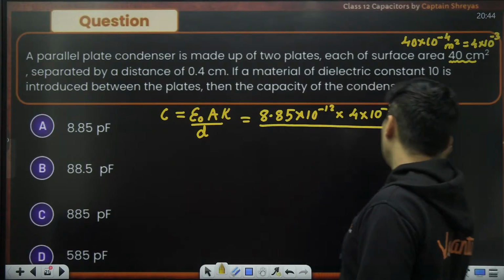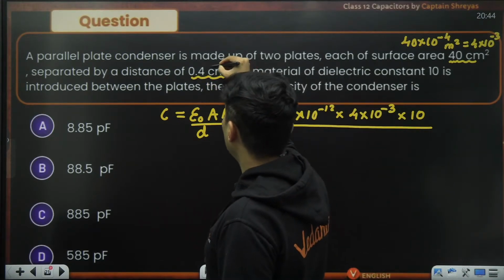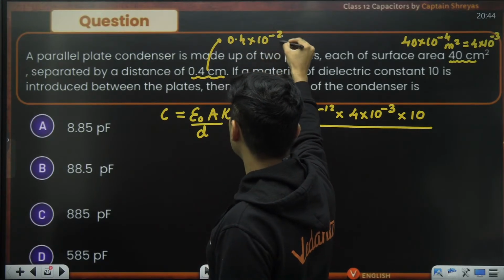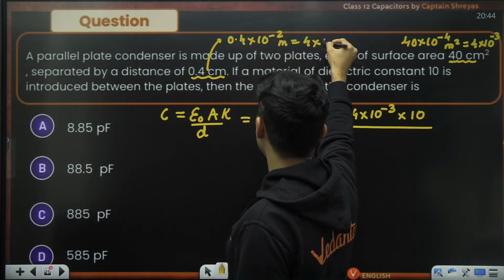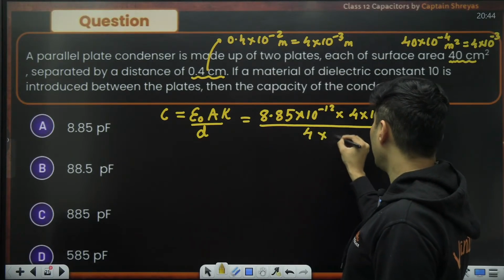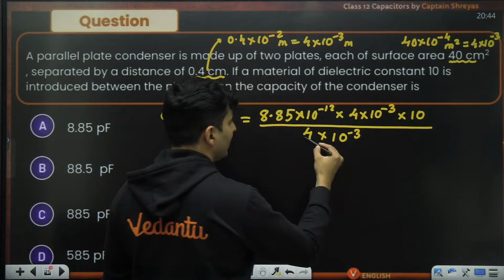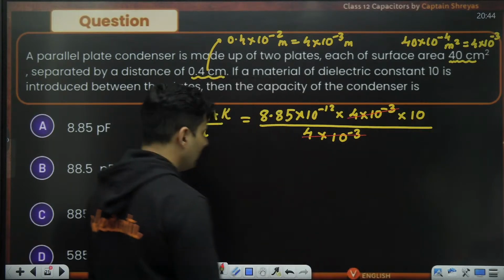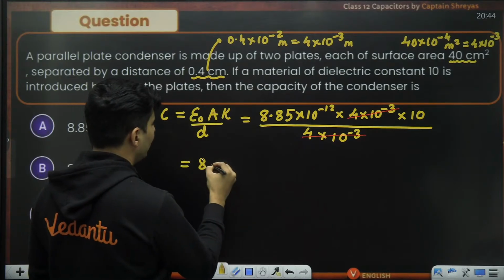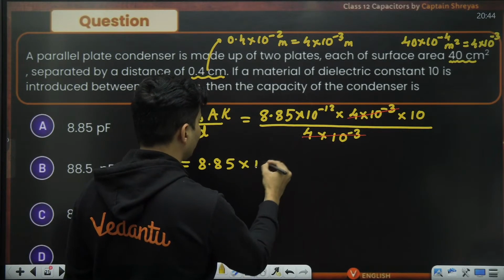The whole thing divided by the distance, which is 0.4 centimeter. 0.4 centimeter is 0.4 into 10 to the power minus 2 meters, which is 4 into 10 to the power negative 3 meters. Couple of things get cancelled, the 4 into 10 to the power minus 3. I'm left with 8.85, minus 12, and 10.